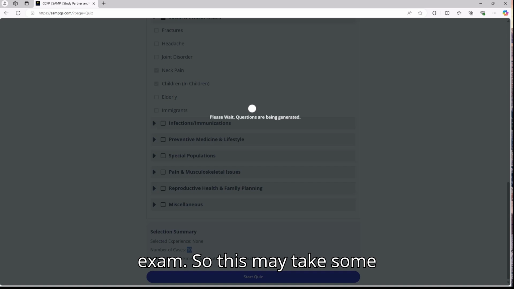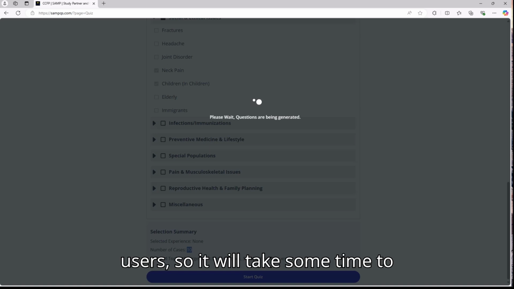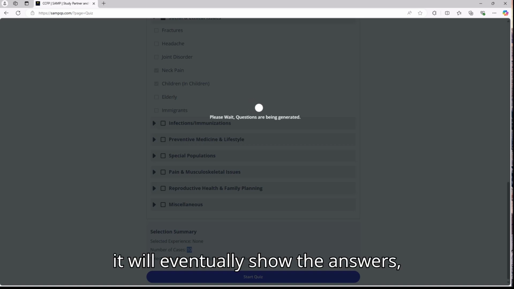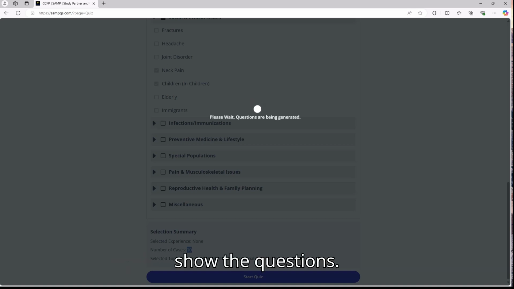It involves deep analysis of the current trend and answer pattern from the user. So it will take some time to generate the questions, but it will eventually show them.